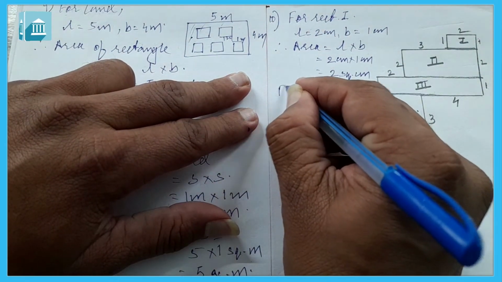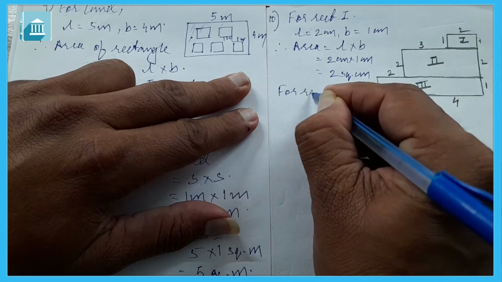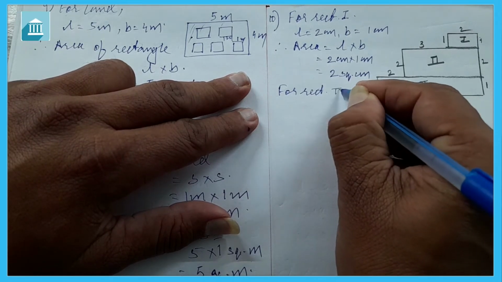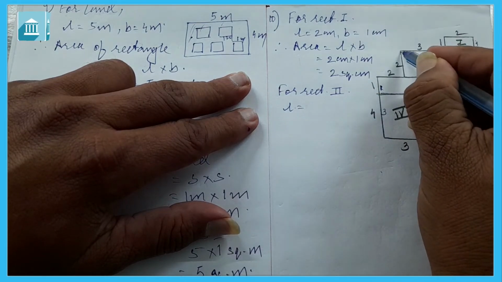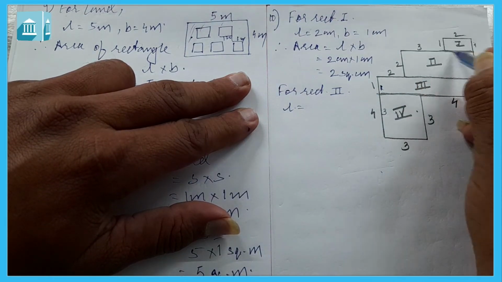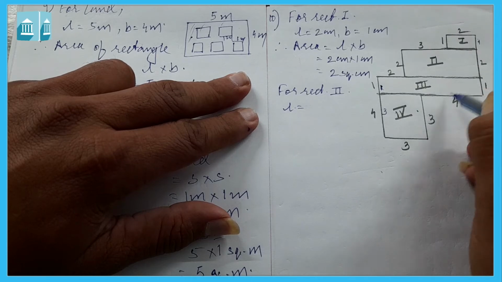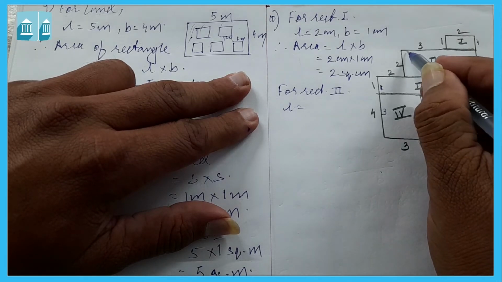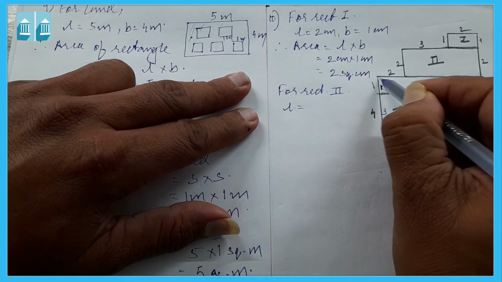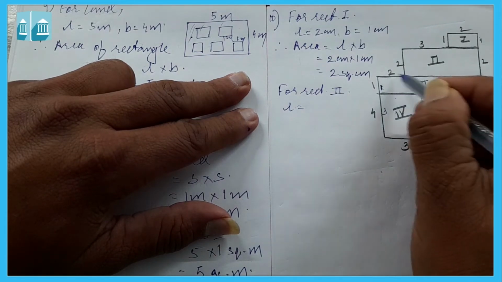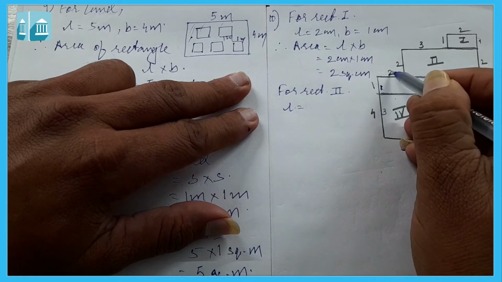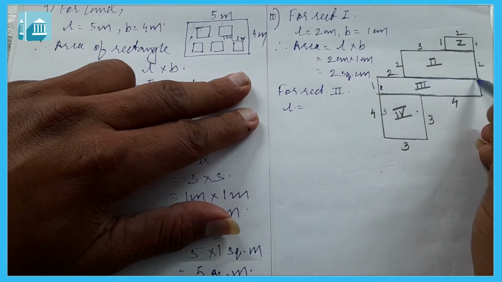Then for rectangle 2, L is given here, this is 3, and this we have to find out. See, this is the total here. This total, if we find out, 4 plus 3 is 7, and 7 minus 2 we had done, so here it is 5.